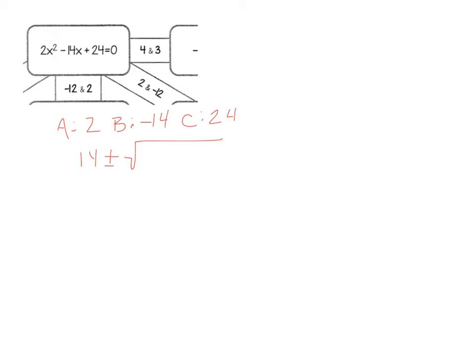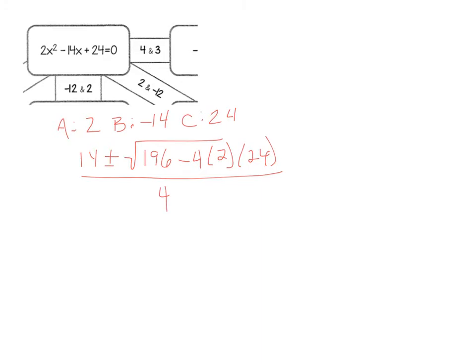So negative 14 times negative 14 is 196. Minus 4 times A, which is 2, times C, which is 24. Whole thing over 2A, which is going to be 4.